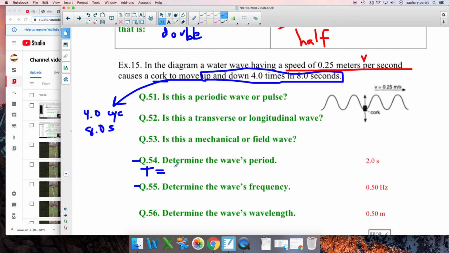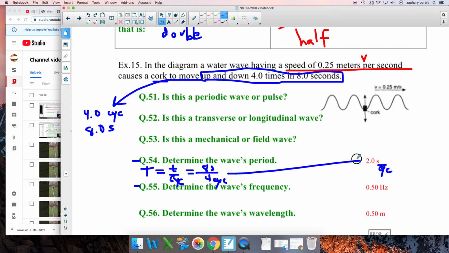Not just 1 over F, but period is time over cycles, which in this case is time, 8 seconds, over cycles, 4 cycles. And that, of course, gives you 2 seconds per cycle, period. Either way, 2 seconds or 2 seconds per cycle are both fair game.